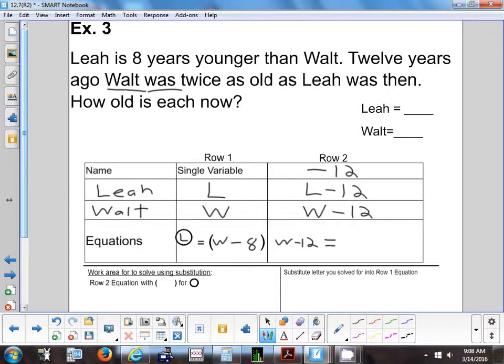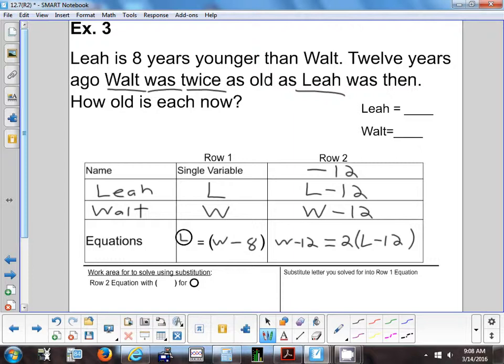Walt was twice. Okay, what number do you write down for twice? 2. Twice as old as who? Walt was twice as old as Leah. And how do you represent Leah? L minus 12. Good job.